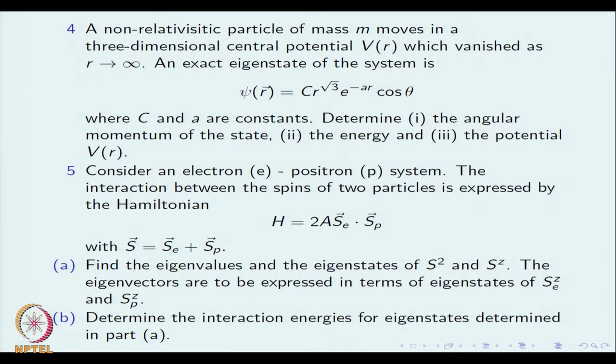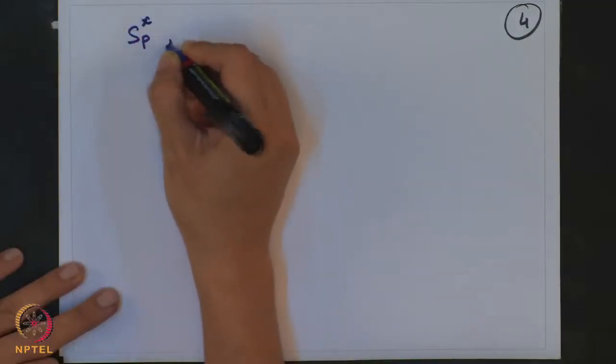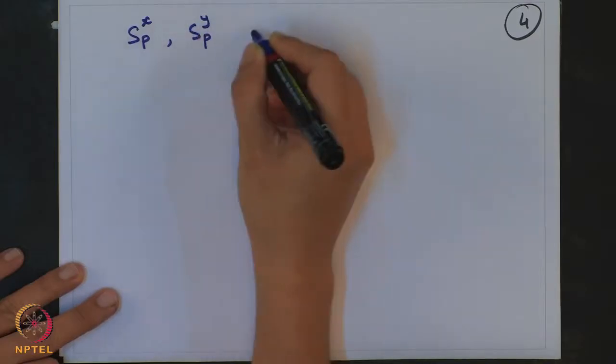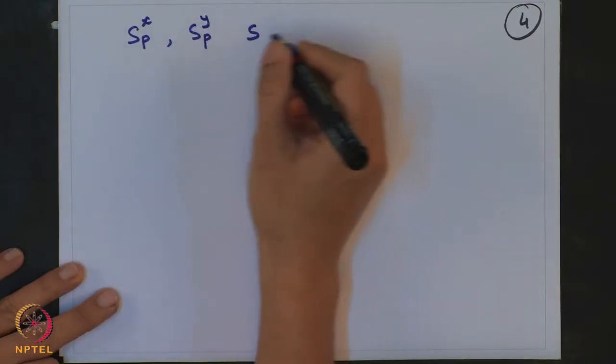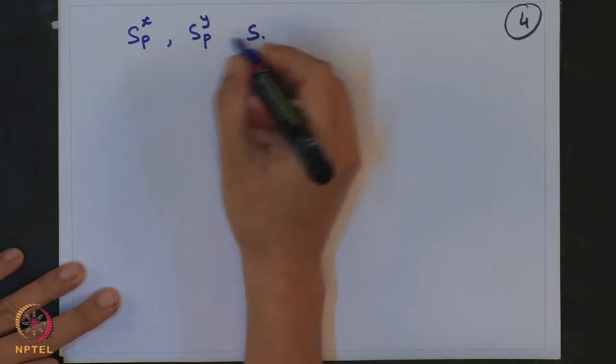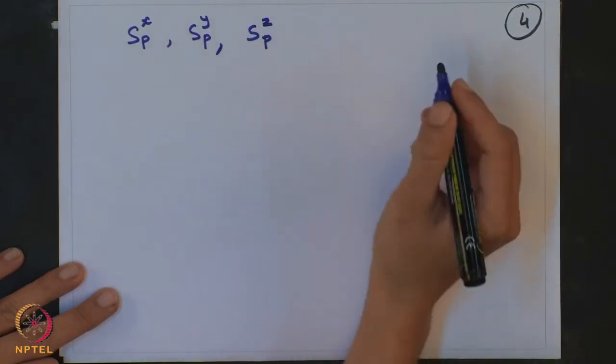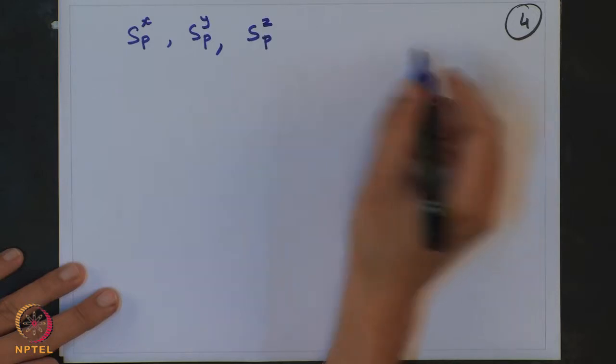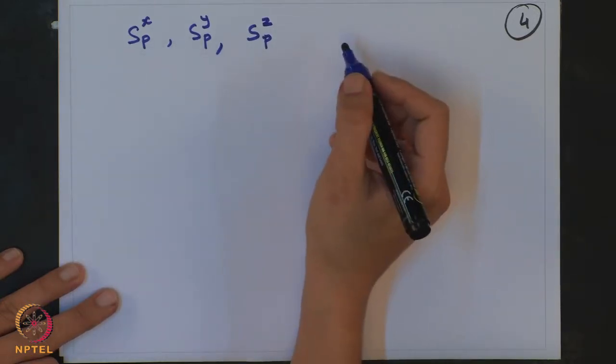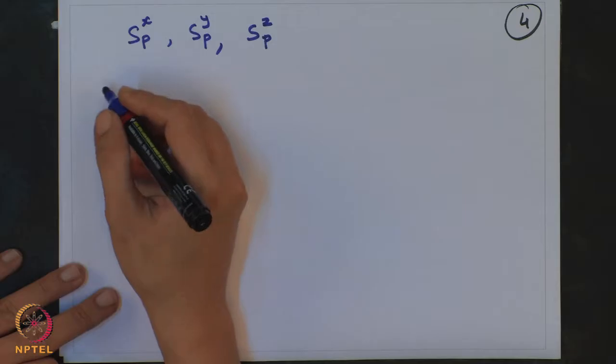One can also write in the similar manner for SPX, SPY, that is for the positron. For the positron, you can write the x, y and z components.